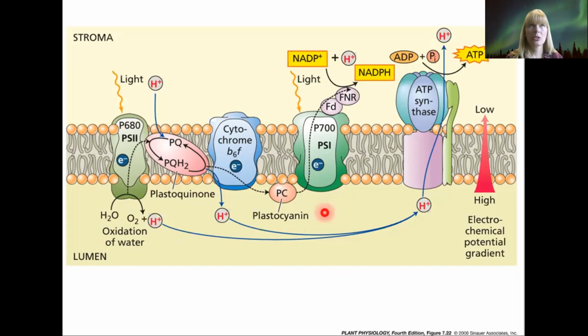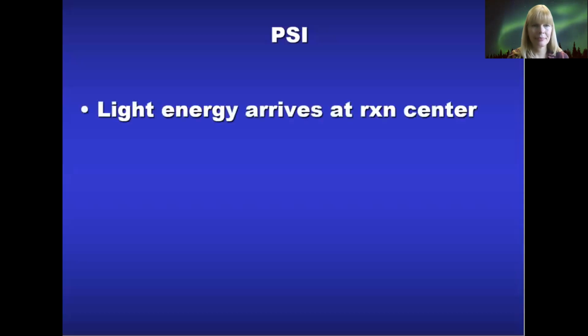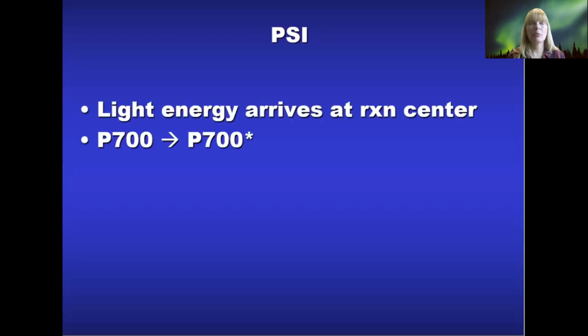Okay, so if photosystem 1 is operating correctly and that absorption of light energy excites that electron in the chlorophyll in the reaction center, who gets it? Let's look at that. When light energy is being absorbed by the reaction center chlorophyll, this is how you would denote it on the exam. If you say P700 asterisk, you're telling me you understand that chlorophyll in the reaction center has absorbed light energy and now it's in an excited state.